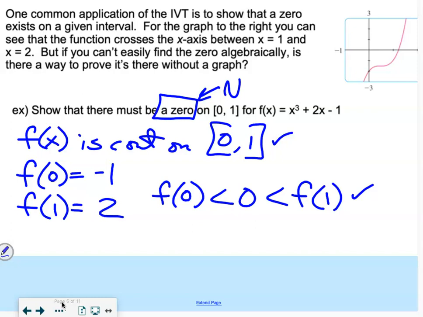Every other book I've ever seen calls it k. So on quizzes or an AP problem, or even maybe on your test, I don't think so, but you never know, if you see it called k, that's the same thing. It's the author's choice on what letter they pick.